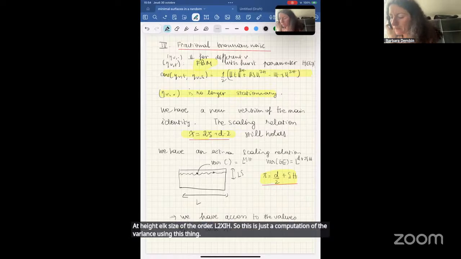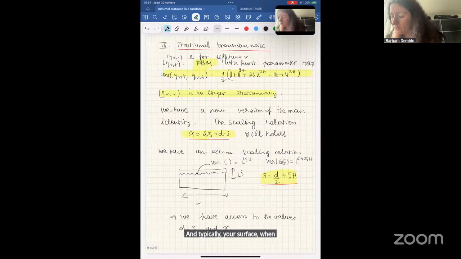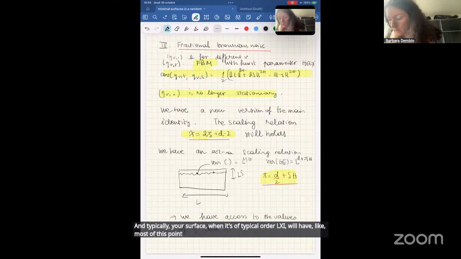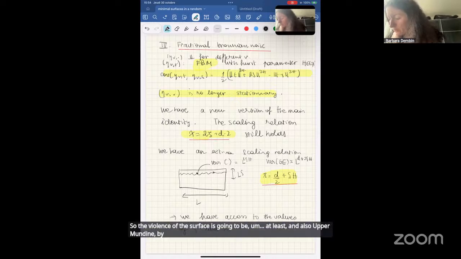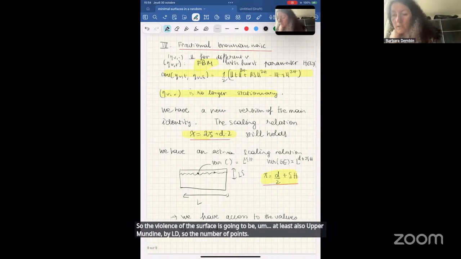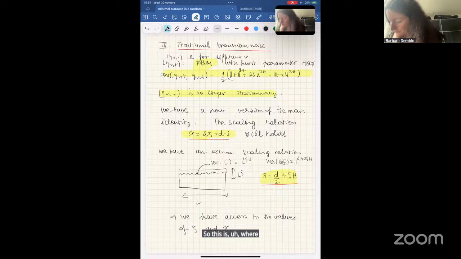Typically your surface, when it's of typical order L to the xi, will have most of its points at this height. So the variance of the surface is going to be at least, and also upper bounded by, L to the d, the number of points, times this L to the 2 xi h. This is where you get 2 chi equals d plus 2 xi h.